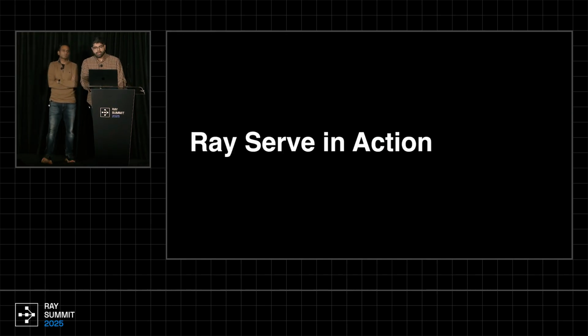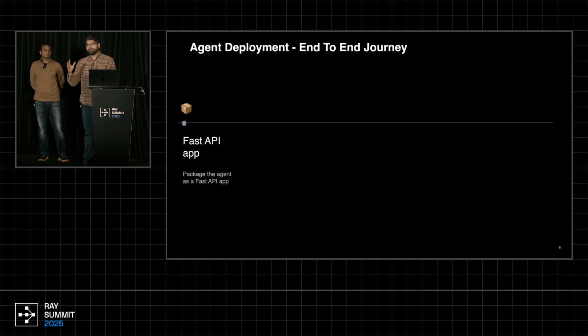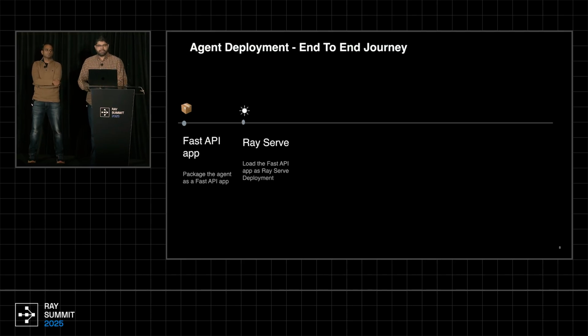All right, let's see how Ray Serve can be used to actually deploy an agent at scale. Here is an end-to-end journey. Once you have written an agent, how would you take it from your local machine to a deployed stage? The first thing is that you want to expose this agent as a FastAPI application. This would allow the agent to be hosted on Ray Serve. That is the next step.